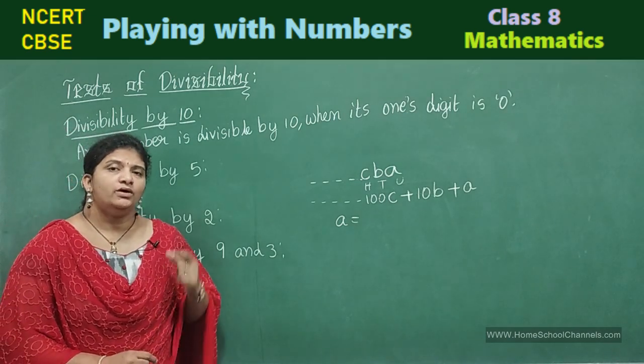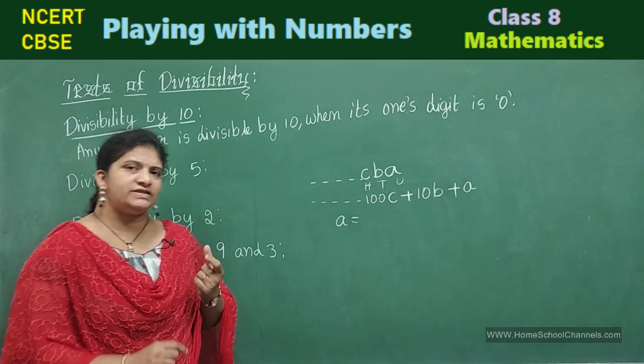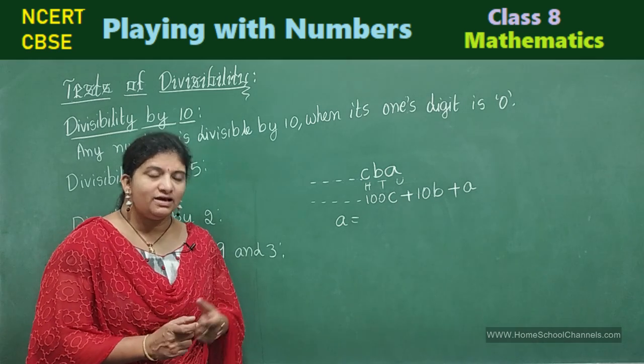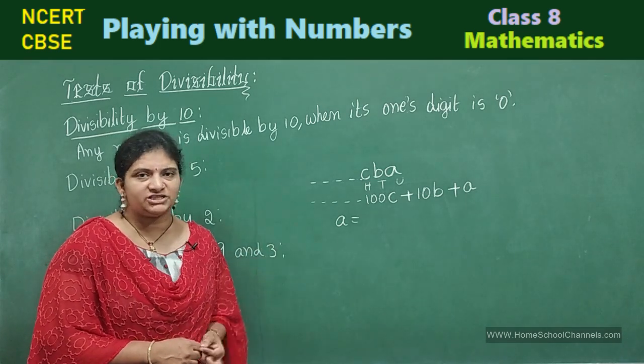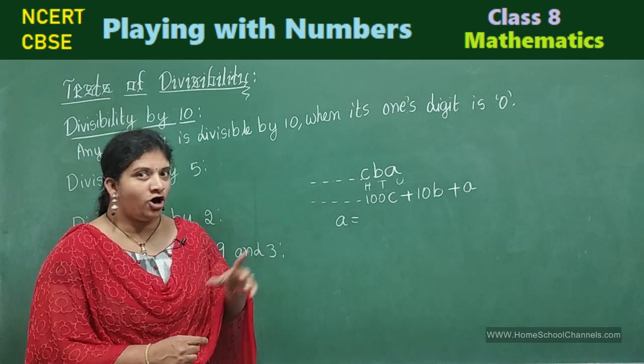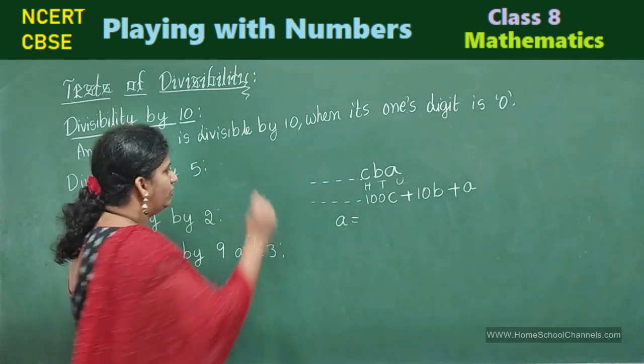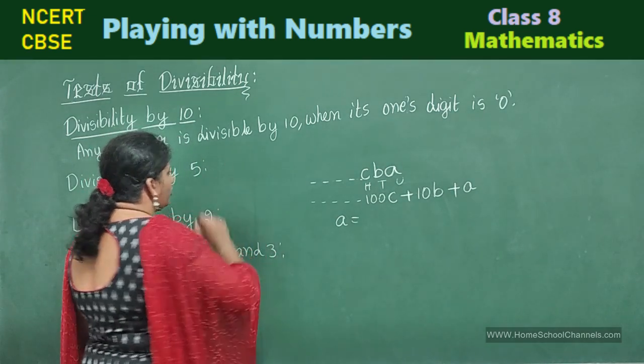Divisibility by 5. We know that when any number is divisible by 5, the units place must be either 5 or 0. Yes or no? Either 5 or 0.